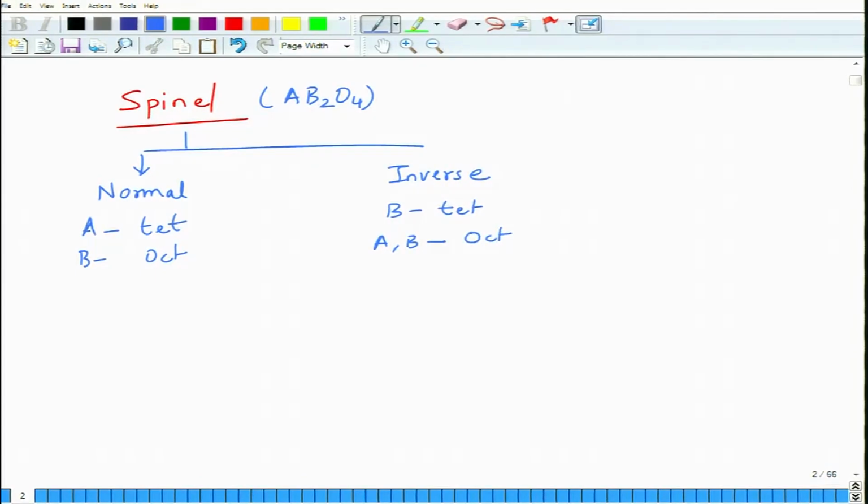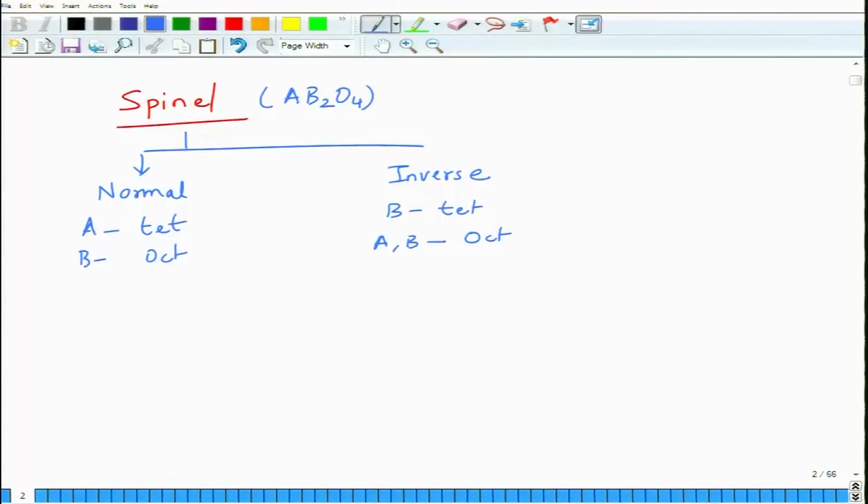The unit cell in this case is typically made of 8 formula units, to accommodate these interstitial atoms in a regular periodic arrangement so that you can form a lattice. The lattice does not come in one formula unit. You have to put in 8 formula units of AB2O4 to put these atoms in the interstitial positions in a repeatable manner. So, the lattice is a little bigger.